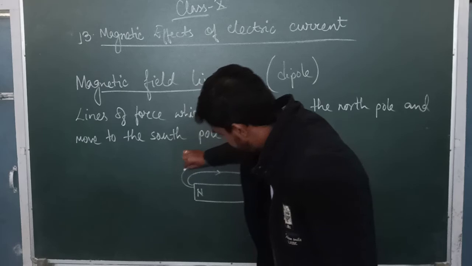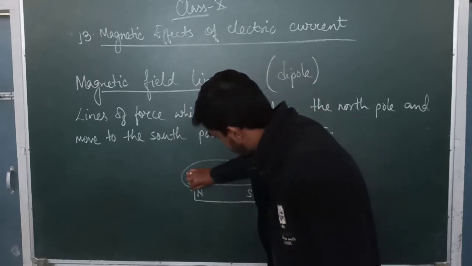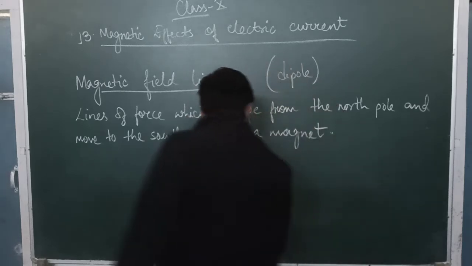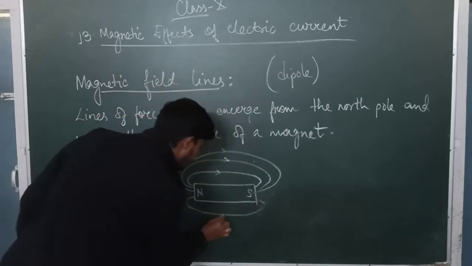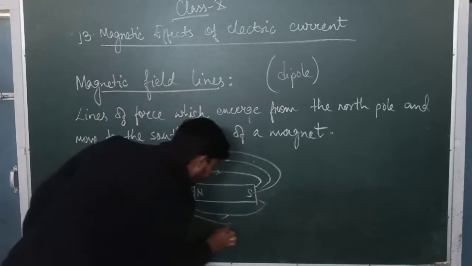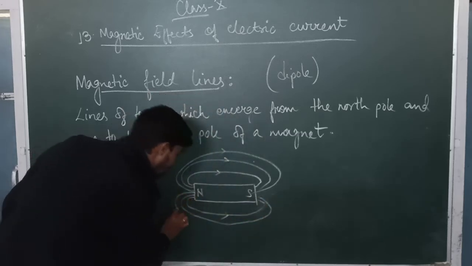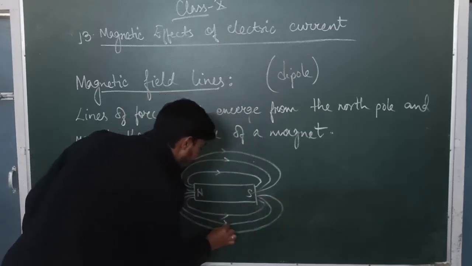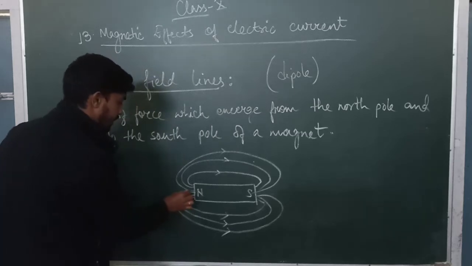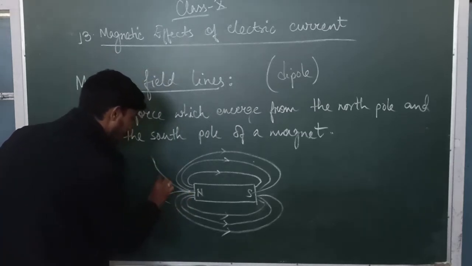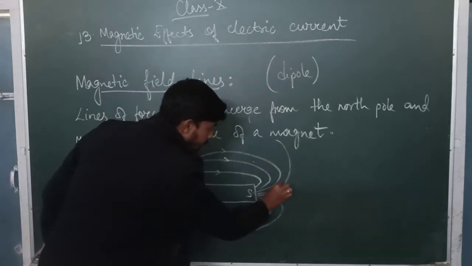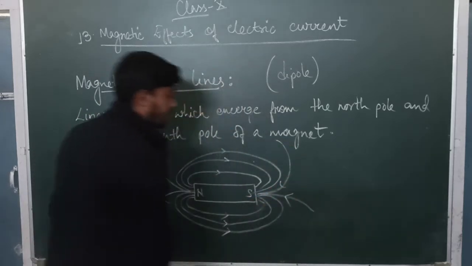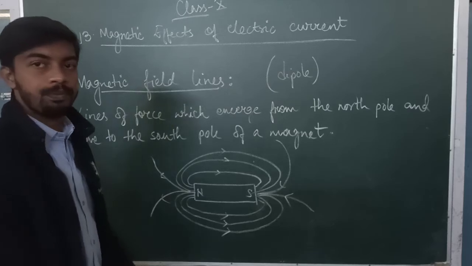And again there will be some like this, like this. They will move from the north and will meet at the south of a magnet. Means they will move out from the north pole, move around, and come and meet at the south pole.